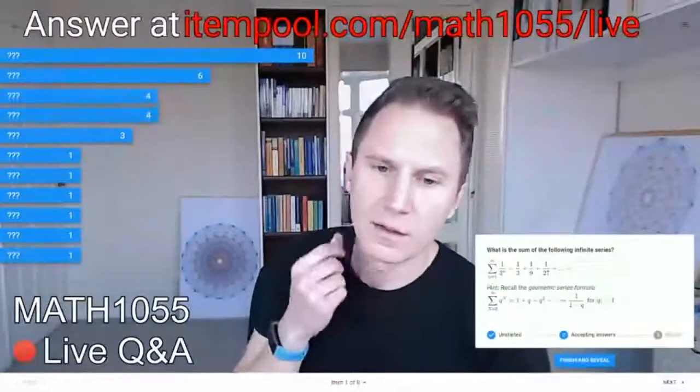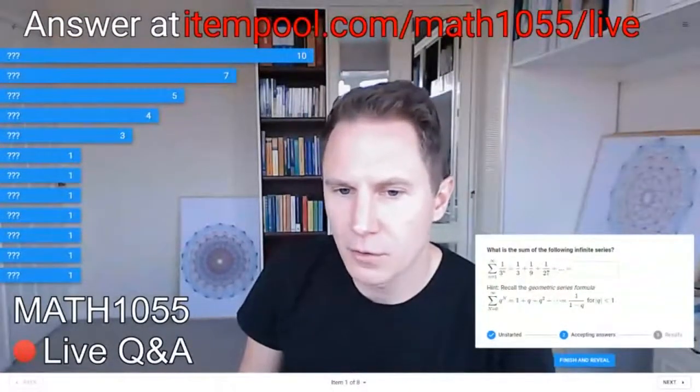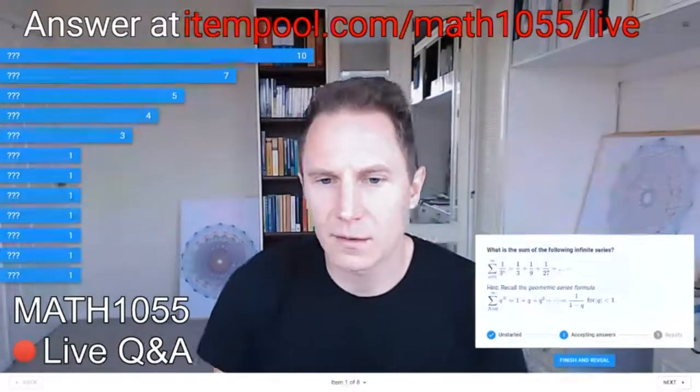There is a slight difference between the series that you are asked to calculate and the geometric series formula. Please notice that the geometric series formula starts with 1, so q to the power 0, and in the series that we are calculating, we start with 1/3 to the first power.